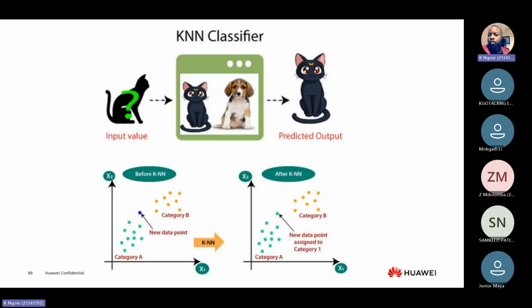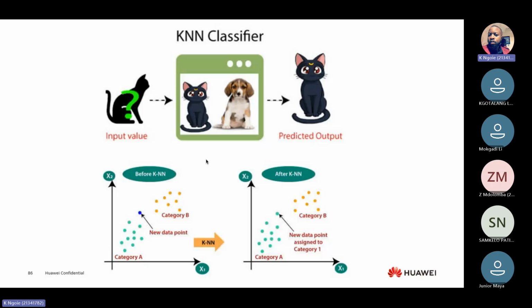So when you create your classifier here, your model understands this type of pictures. But when you bring this picture here, which does not really show the same one, because of the similarities of features, the classifier will classify this as a cat. It's going to predict this output as a cat.